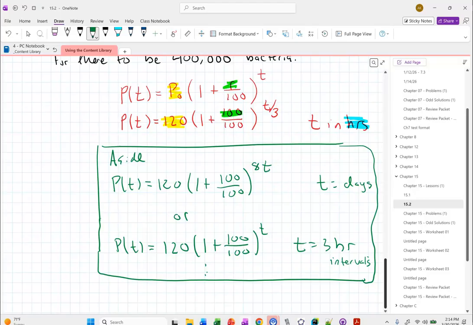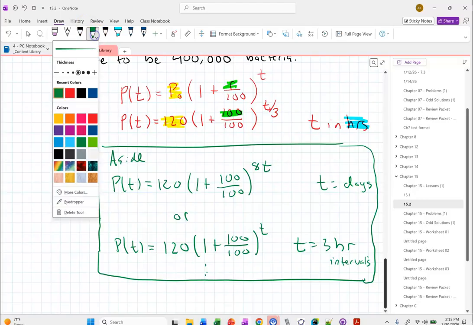Does everybody see why I want to label the unit that I'm using for T? Because depending on what you're doing, your answer will have a different time unit attached to it. And I will care about that come test time, right? If you give me the answer in 3-hour segments and you label it as 3-hour intervals or whatever, great, that's fine. If you say it's hours and you give me 3-hour segments, I'm marking it off, right? Because the unit matters here, because you have the freedom to choose your unit to be whatever you'd like. Does everybody feel okay so far?